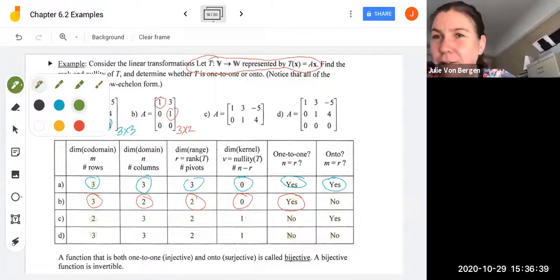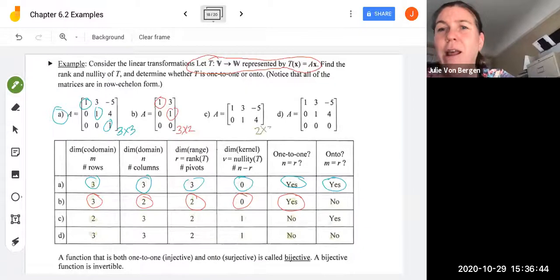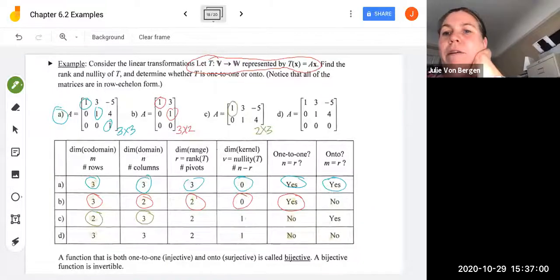All right, matrix for part C is a 2x3 matrix. You can imagine we're going to see some kind of opposite results here. So the dimension of the codomain, the number of rows, is 2. The number of columns is 3. So the dimension of the domain is 3. And the rank is the number of pivots. So we've got 2 pivots here. And then the dimension of the kernel is n minus r.